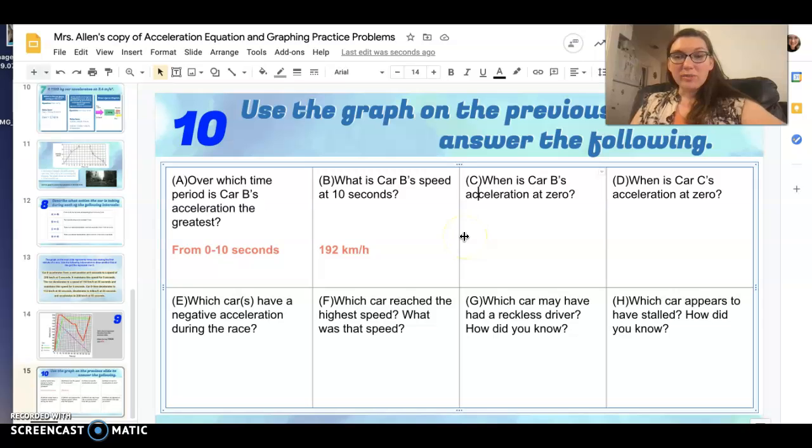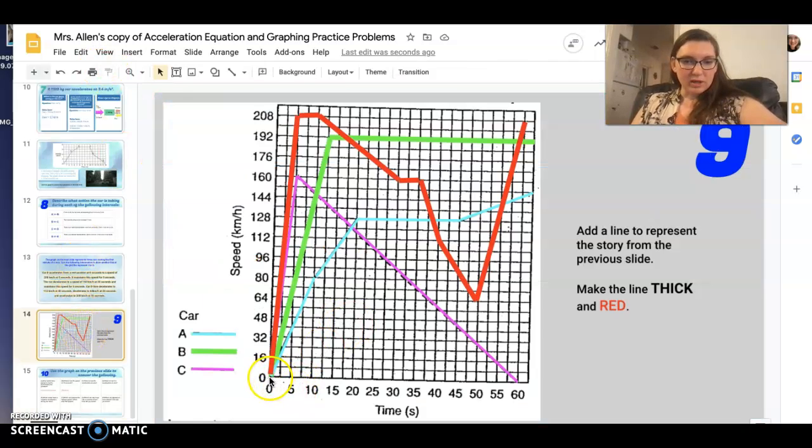When is car B's acceleration at 0? From 10 seconds on. The acceleration is the slope of the line on a velocity time graph, so this is 0 acceleration right there.